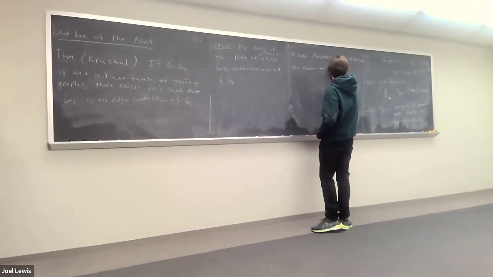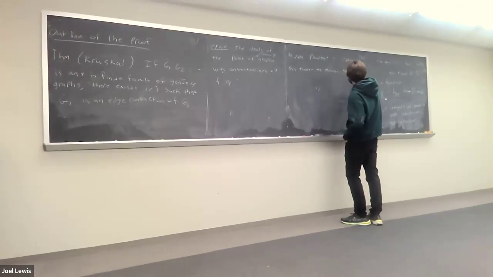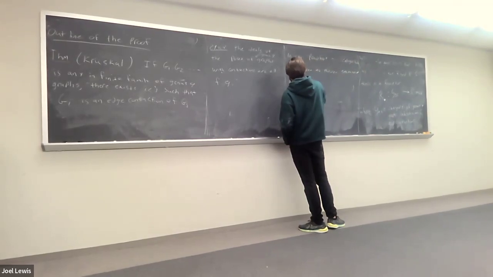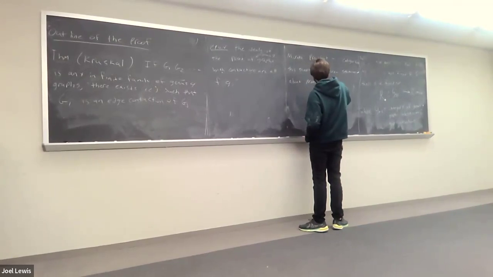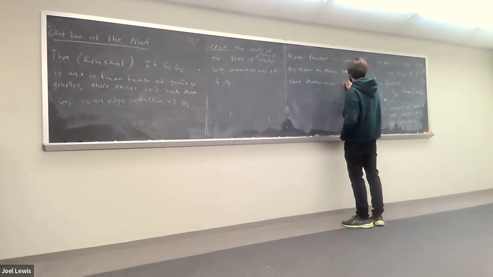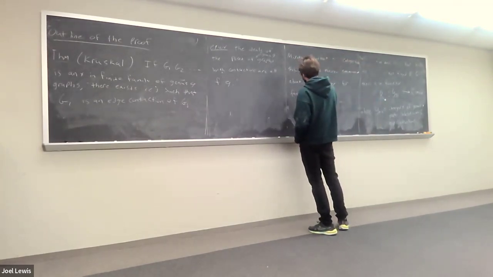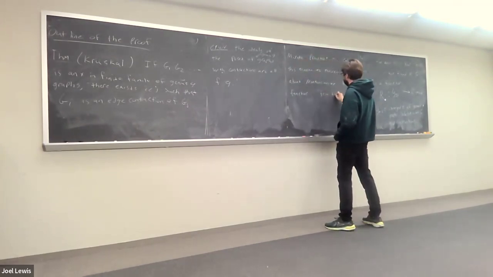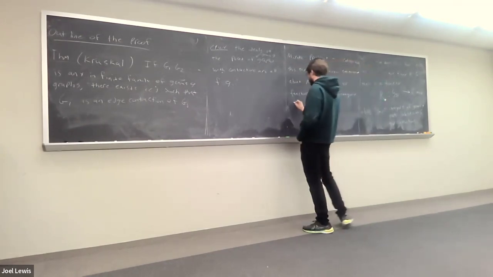So a theorem statement about Noetherianity for functors from the category of these graphs.